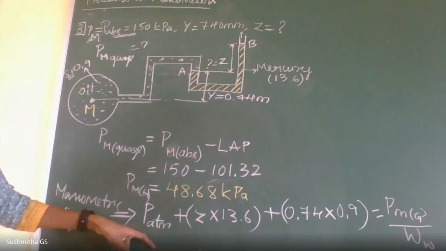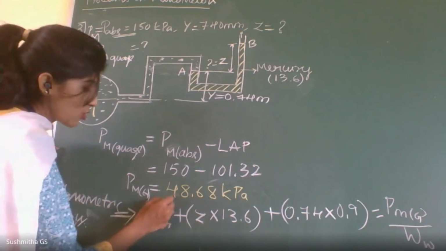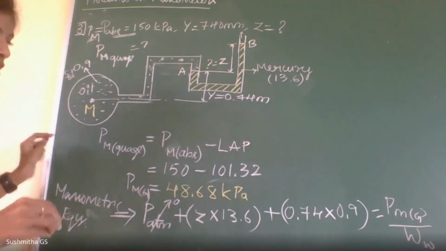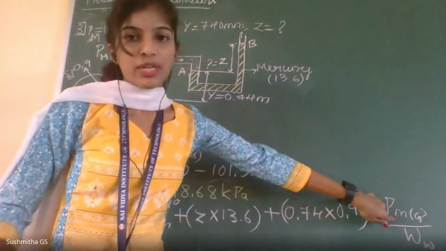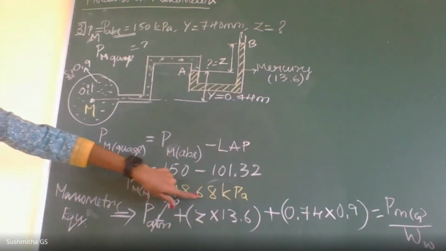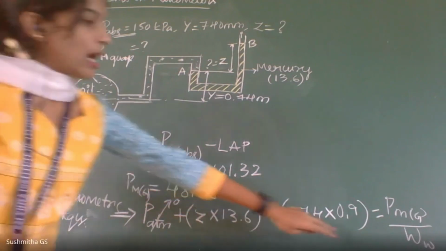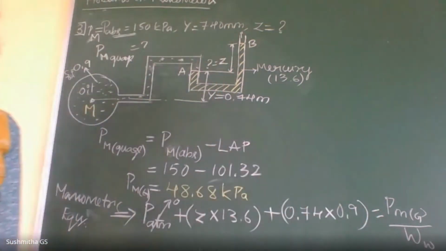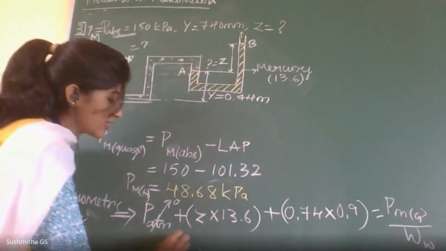Now this will be 0, atmospheric pressure. You substitute the pressure at M, that is gauge pressure, as 48.68 kilopascal and the specific weight of water as 9810. So you will get the Z value.